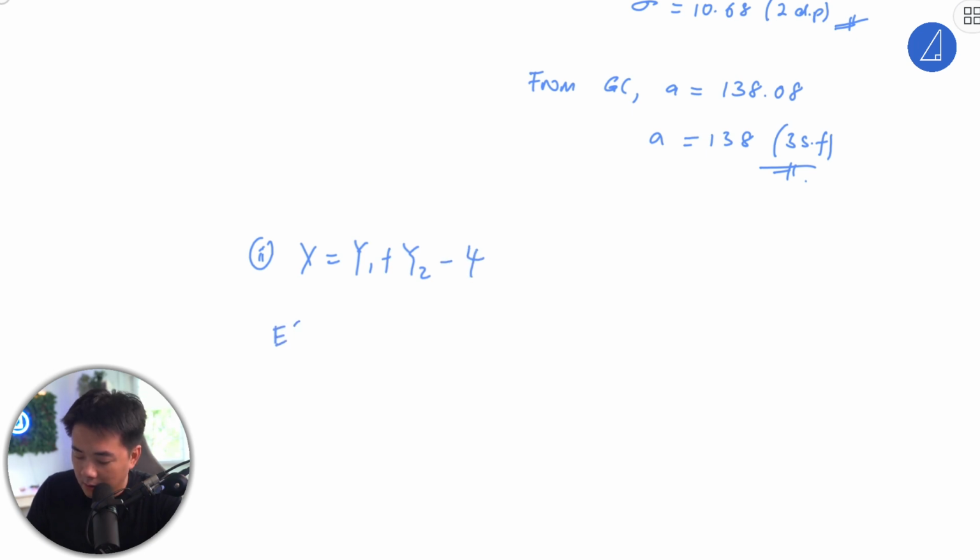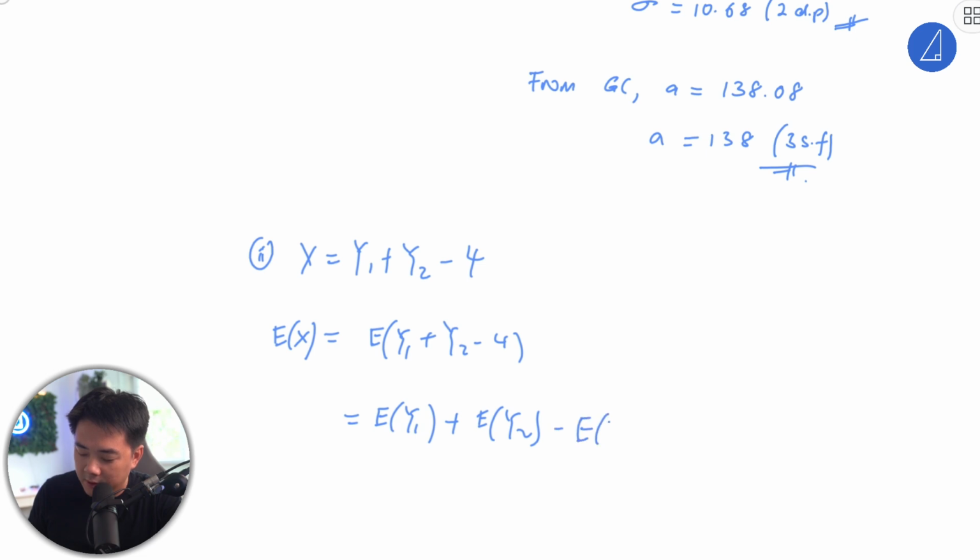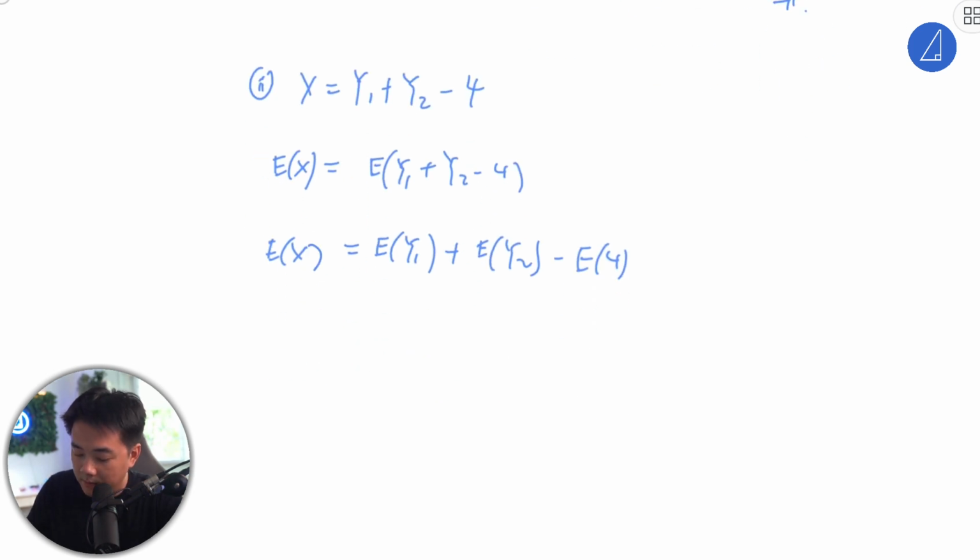So the expectation of X will just be the expectation of Y1 plus Y2 minus 4. In this case, this will be E(Y1) plus E(Y2) minus E(4), which is just 4. So this was just 2E(Y) minus 4.